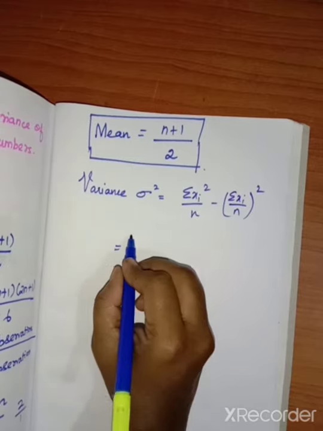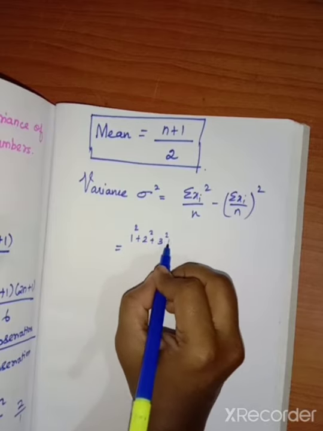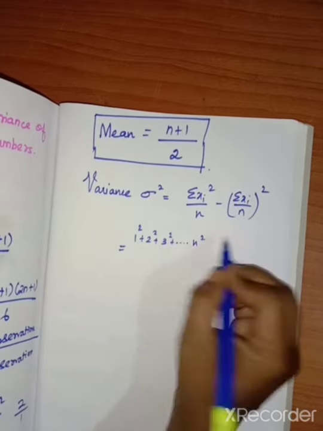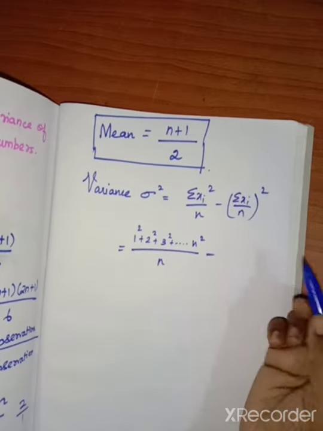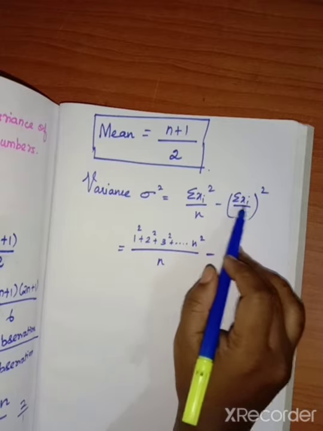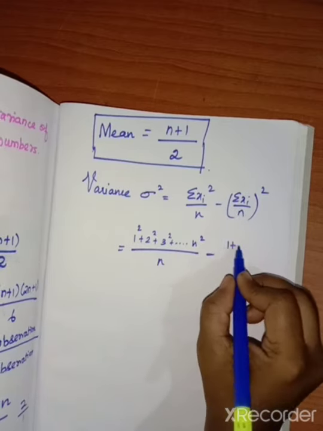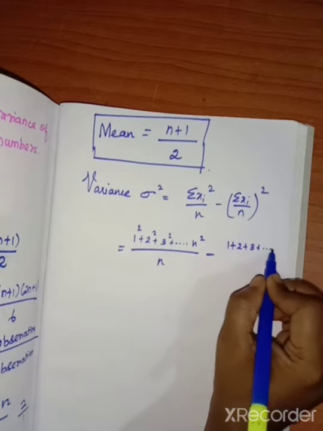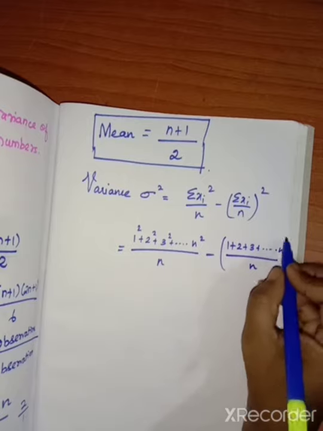So we can write 1 square plus 2 square plus 3 square and so on up to n squared, divided by n. Here we have the whole term, summation xi divided by n, that means 1 plus 2 plus 3 and so on up to n, divided by n, the whole squared.